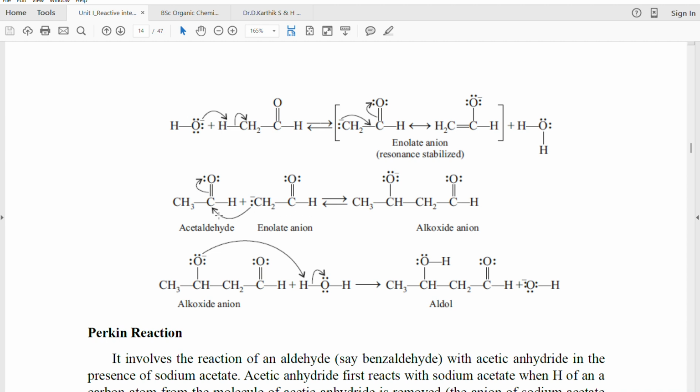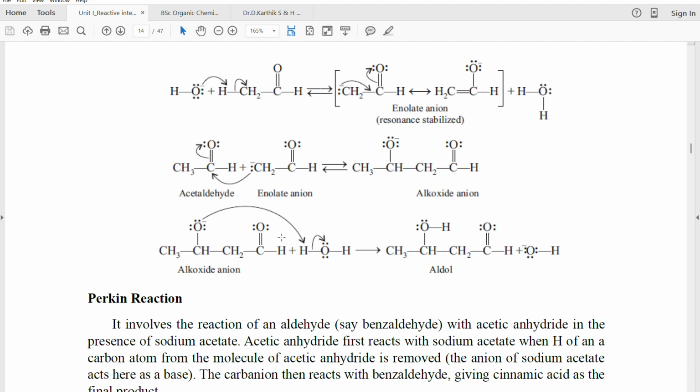So when it attacks, the bond pair of electrons of the double bond will go on this oxygen. So in the next step you can see, this CH2 minus attacked here, so that the bond formation between this carbon and this carbon is formed, right?